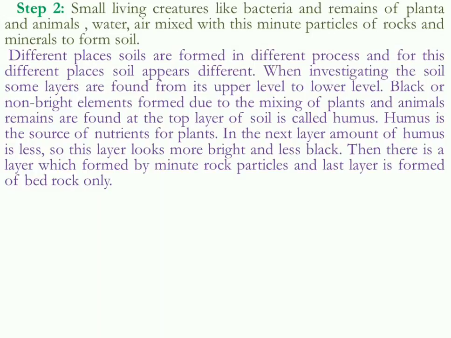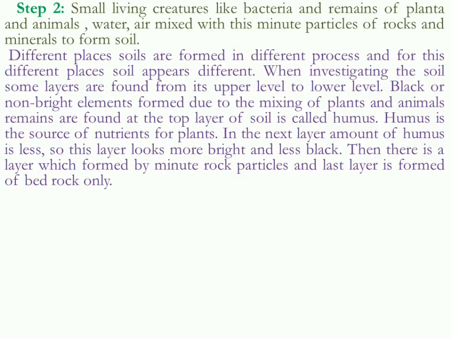We know that animal and plant remains at the top of the soil mix up with the soil, and then it becomes non-bright and black in color. That is known as humus. Humus is the source of nutrients for plants.